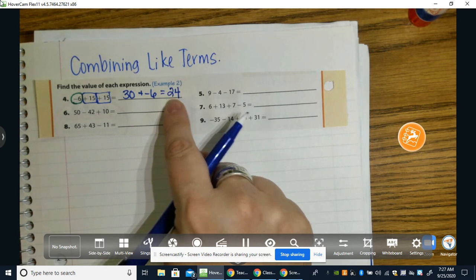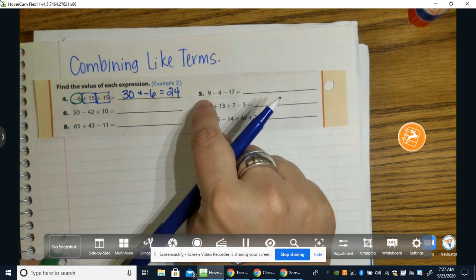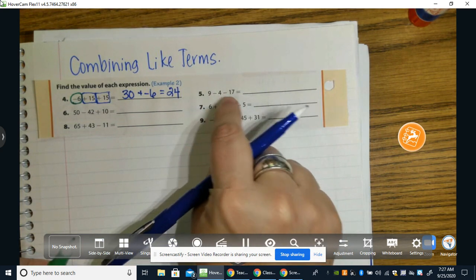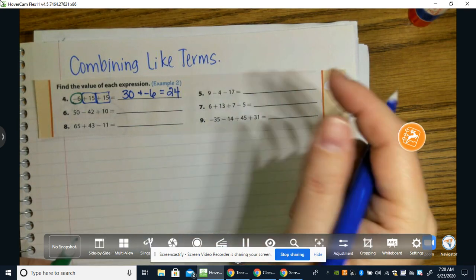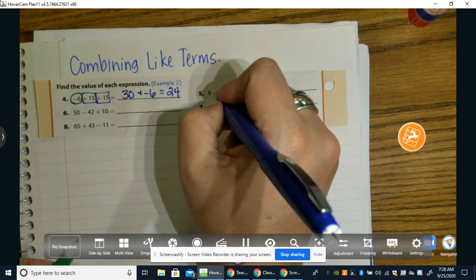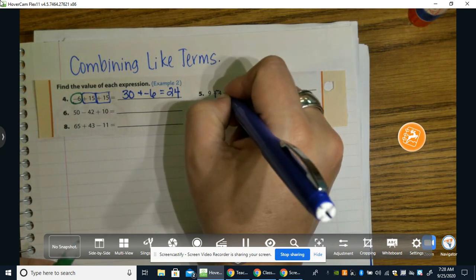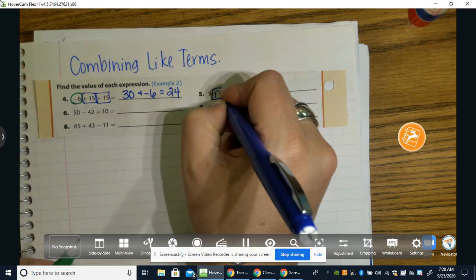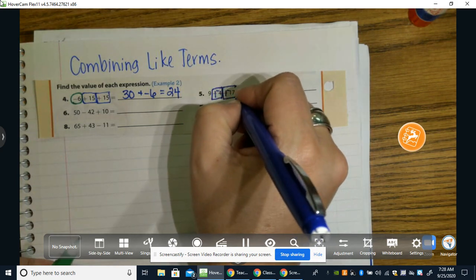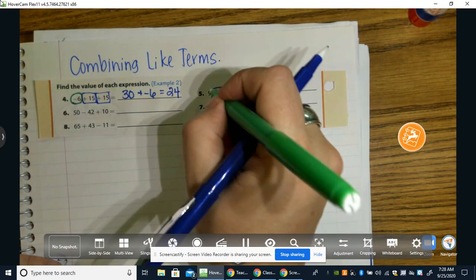Okay, let's look at number 5. All right, I have 9 minus 14 minus 17. Now remember, they said you put a positive right there. So it's a plus, it's negative, plus, it's negative. So these two are both negative numbers. And then we have 9 by itself.